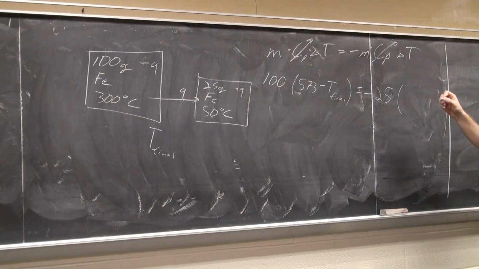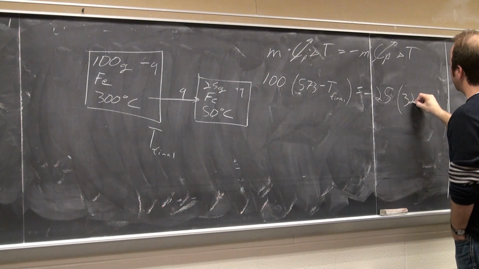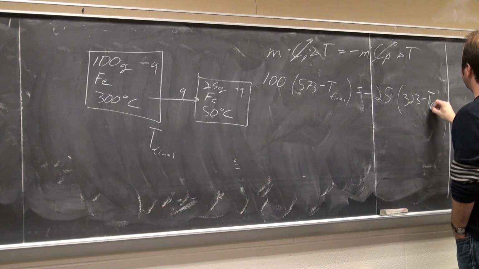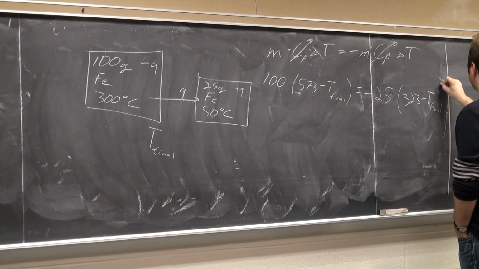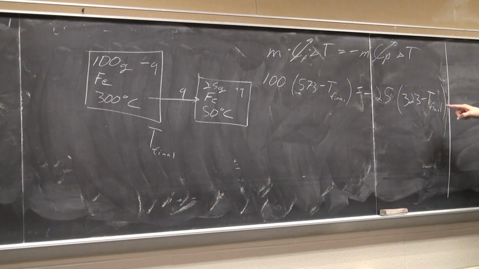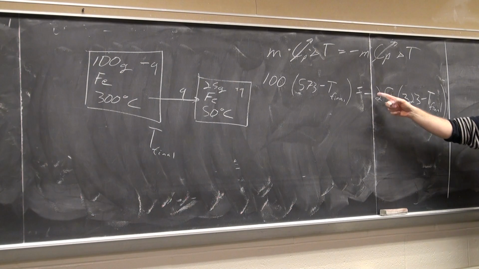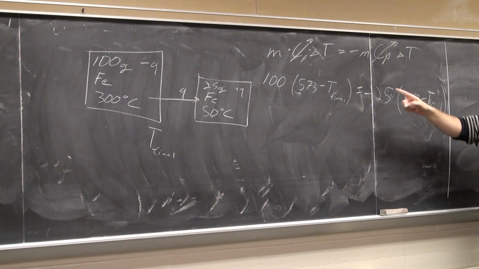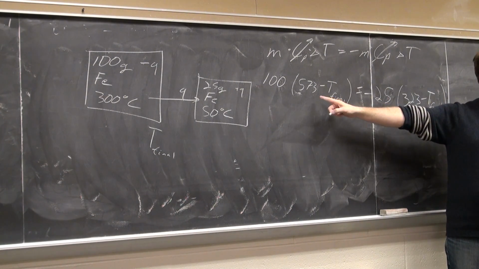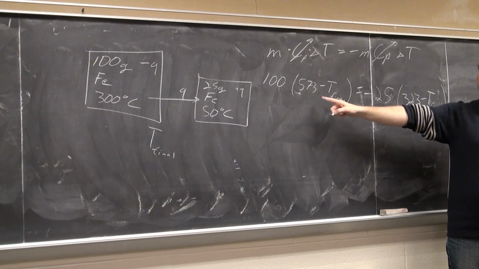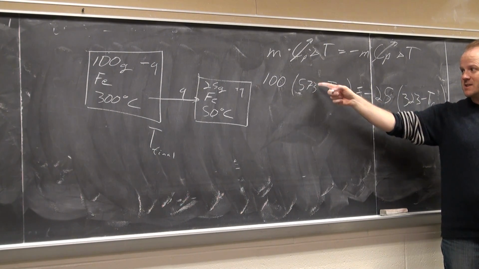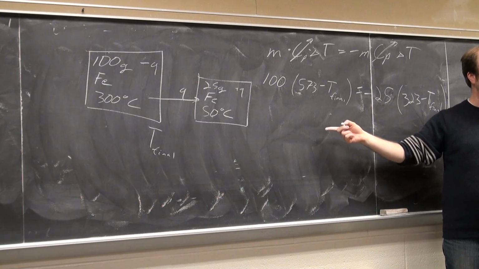So it's 50 plus 273 is 323 minus T final. So T final is going to be higher than 323, so that gives a negative number. That's good. Negative times the negative is going to be a positive. This number is going to be positive, right? Because this T final is going to be less than 573.